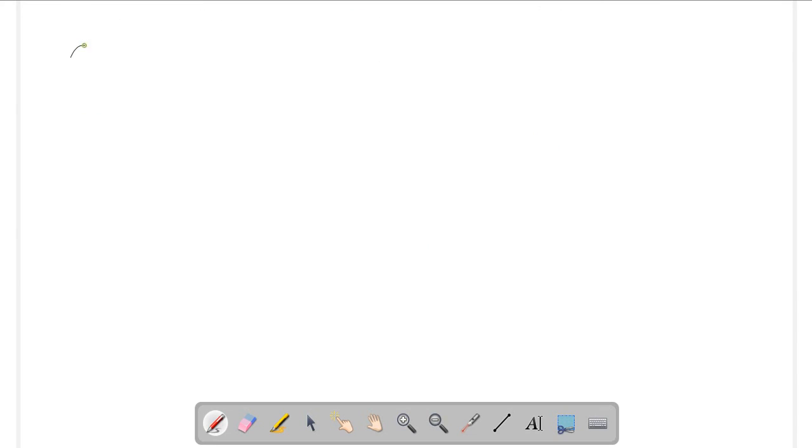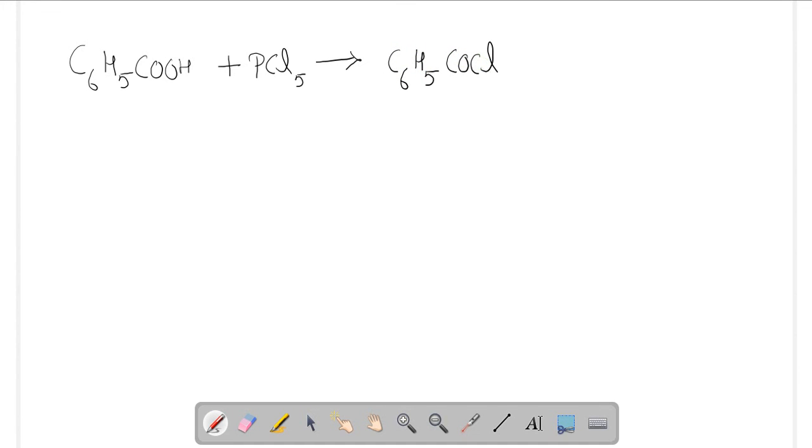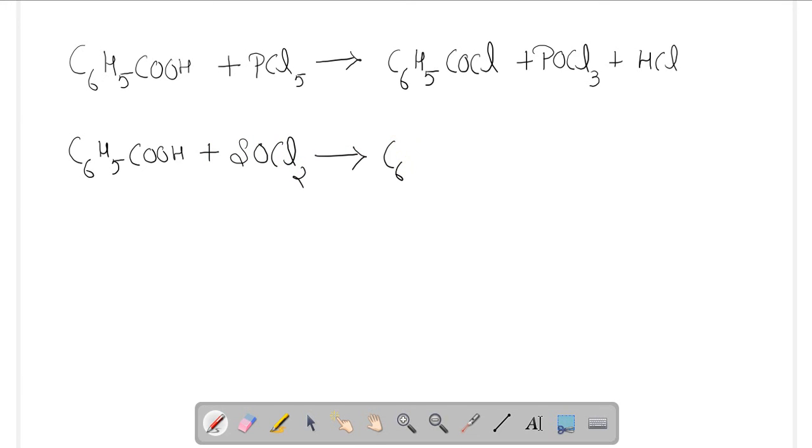Now if you are talking about benzoic acid, benzoic acid can be reacted with PCl5 to form C6H5COCl plus POCl3 plus HCl, or it can react with thionyl chloride, that is SOCl2, to form C6H5COCl plus SO2 plus HCl here.